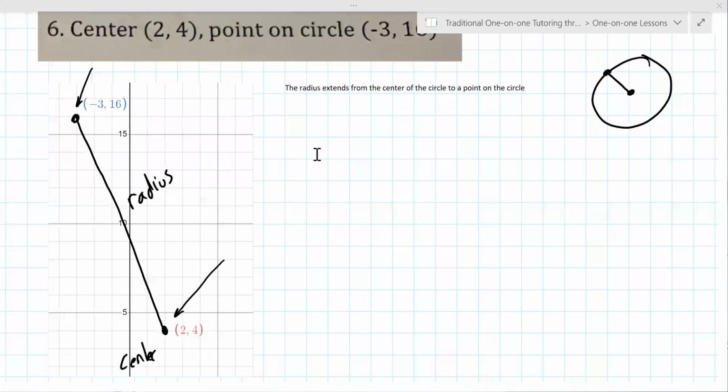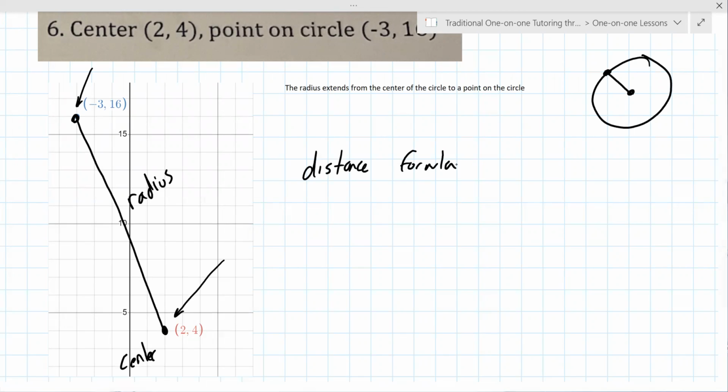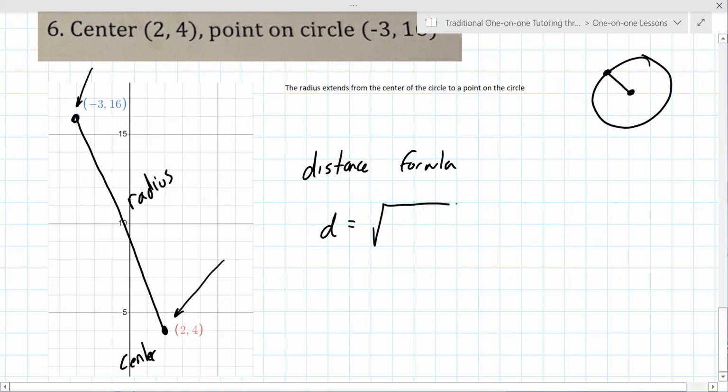Do you remember the distance formula? Do you remember that from class? The distance formula is the square root of (x2 minus x1) squared plus (y2 minus y1) squared.